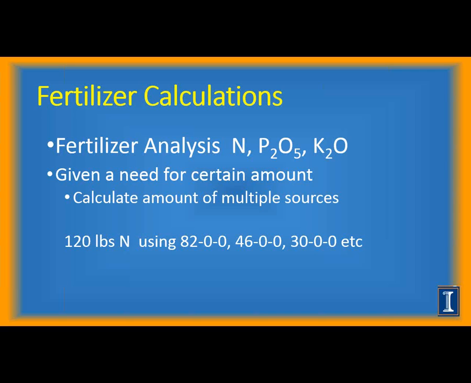So, for instance, if you're using anhydrous 82% by weight, you would have to use more than 120 pounds because you're going to divide the 120 by 0.82 to get the pounds of anhydrous that you're going to use to meet that 120 pounds of nitrogen, okay?